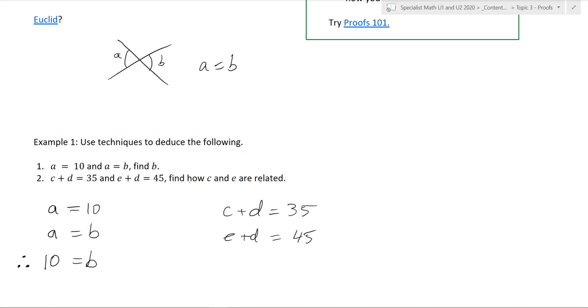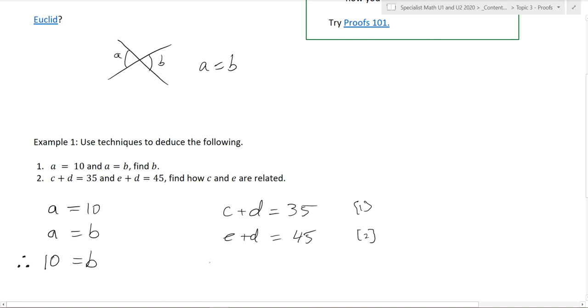So we could add these things, or we could minus these things. There's lots of different ways to do this. So I'll go this first one and this second one.